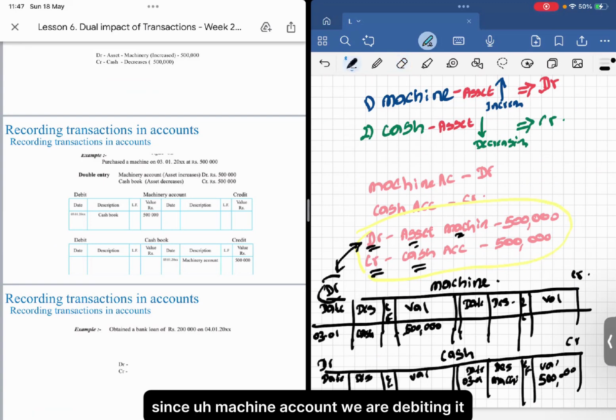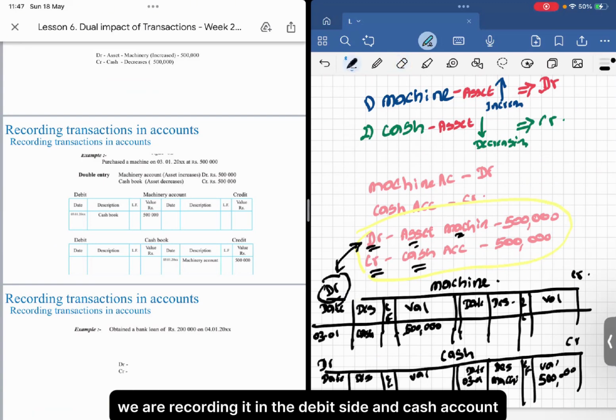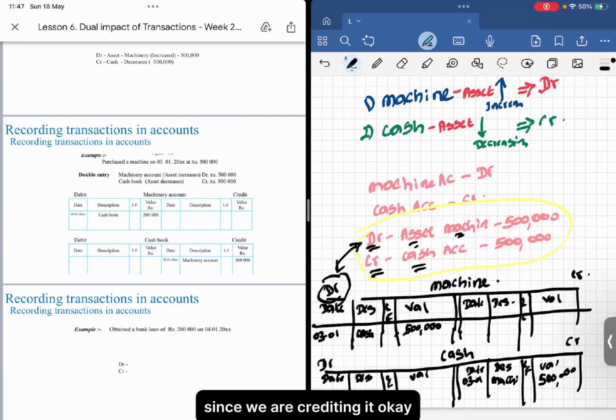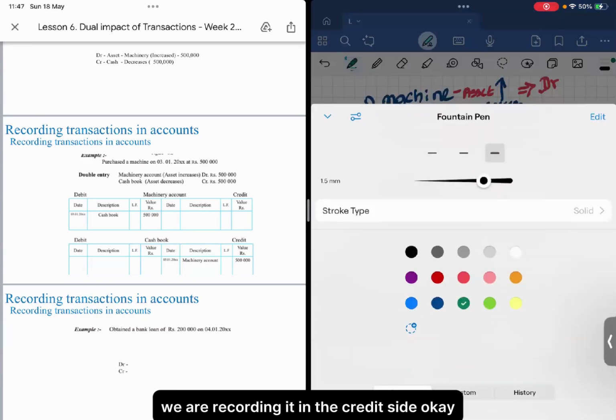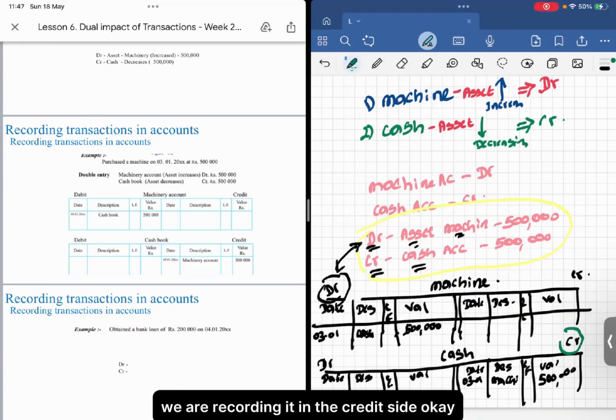And the cash account, since we are crediting it, we are recording it in the credit side. So that is how we do the first transaction.